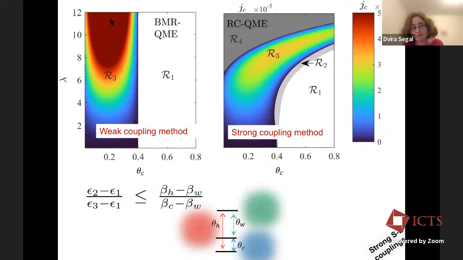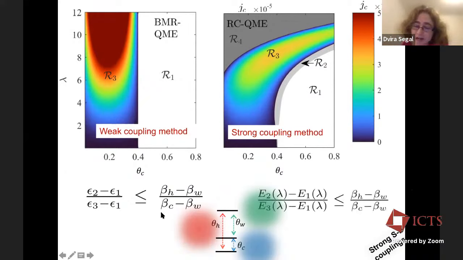And that's why the cooling window, as you can see, from weak coupling, it reshapes, because one can capture it by analytically showing how parameters are renormalized. So the cooling condition, one can still write it in a very similar form, only that the energies that have to be analyzed for the cooling condition are not the original bare energy levels, but now they depend on the original coupling strength, and we have this analysis.